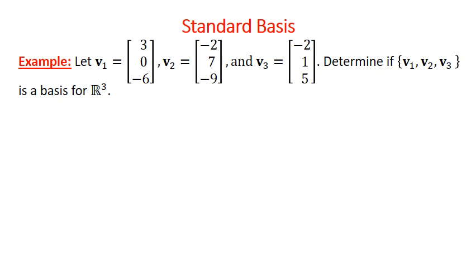Let's look at another example. So let's evaluate this. We have these three vectors, and we want to determine if the set is a basis for R3. Now, remember, if A is invertible, then the columns of A span R3.